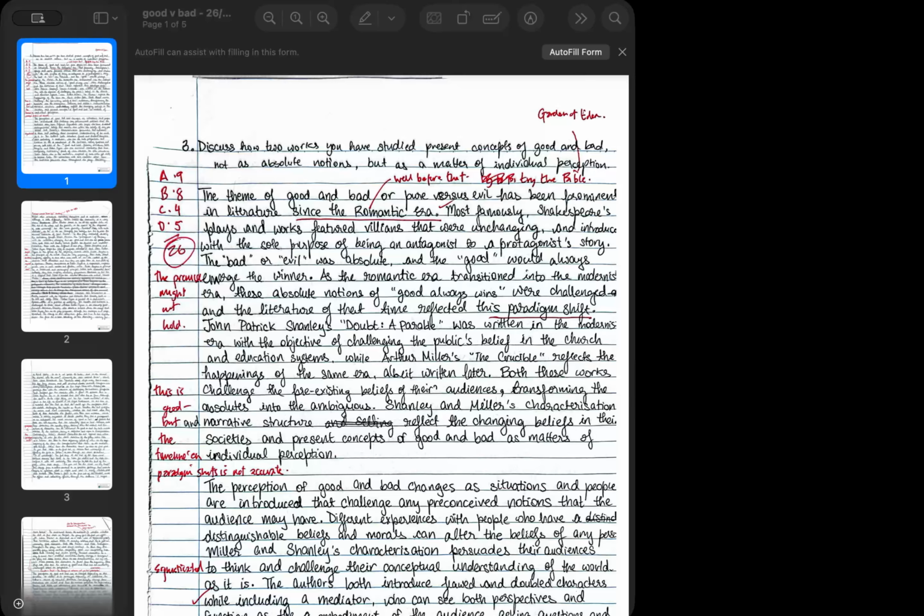I'm going to pull up the criteria because apparently people don't know that. Hold on. English Lang and Lit Paper two criteria. What's the new one though?